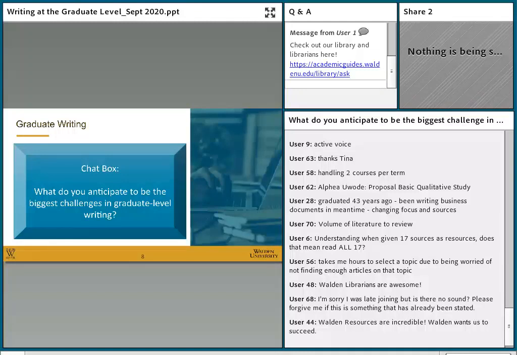And to that, I would again say that this is something that takes practice, and that you can really improve with more practice, with more reading of scholarly articles, with more application of writing elements such as sentence construction, such as APA citation. These are things that you are going to develop a comfortability with over time.